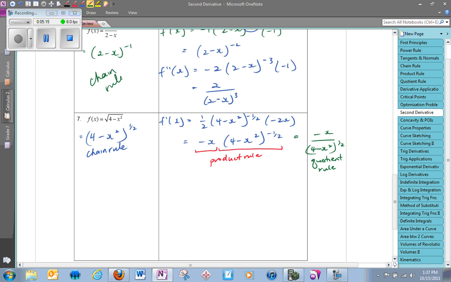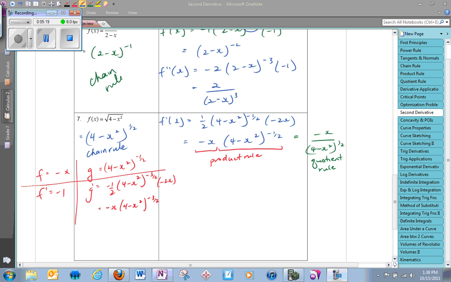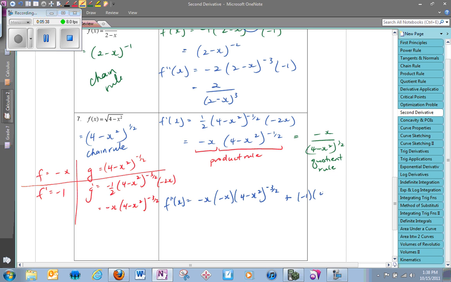So on the left-hand side over here, I'm going to make my table. So in making my table on the left-hand side, hopefully you've done the same, I can now take the second derivative. So that's negative x times 4 minus x squared to the minus 3 over 2 plus negative 1 times 4 minus x squared to the negative 1/2. I'm going to take out a common factor here.